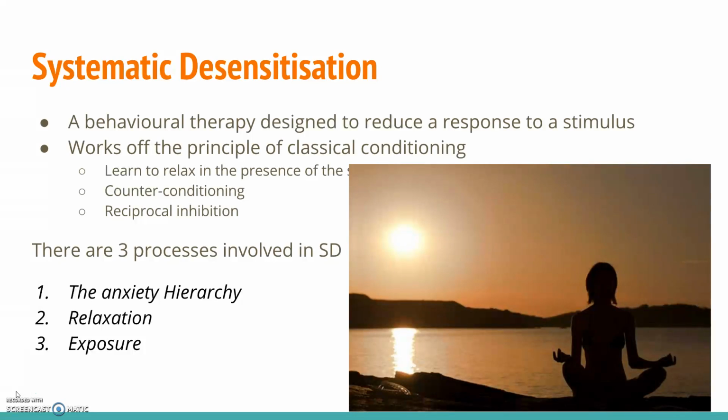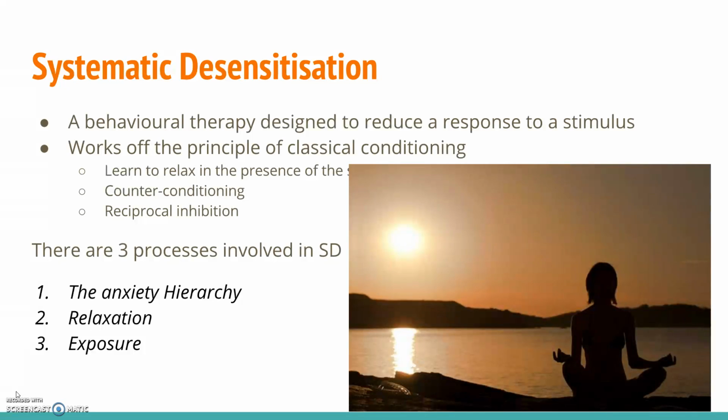So you try to induce a state. You learn how to be relaxed in certain situations, and then once you've managed to achieve that relaxed state, you are presented with the first stage in your hierarchy of fear. Okay, and the idea is that for every stage that you go through, you have to achieve relaxation in that stage.